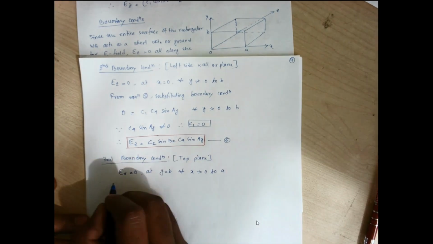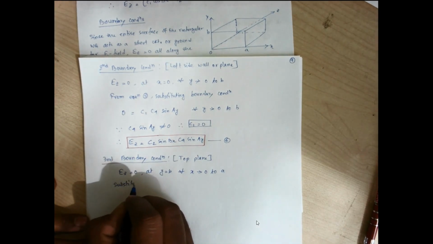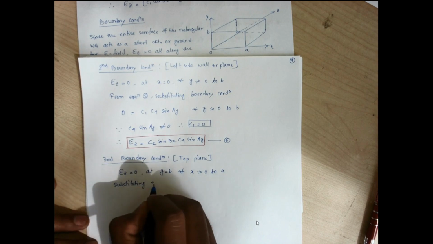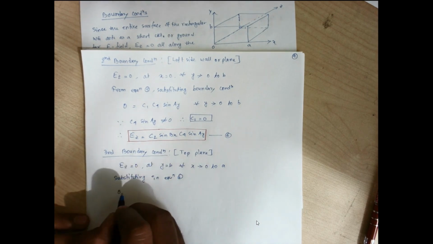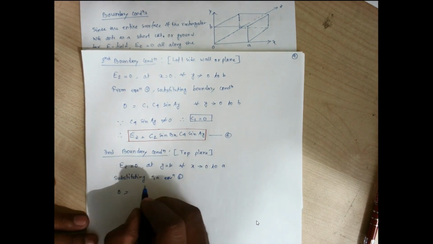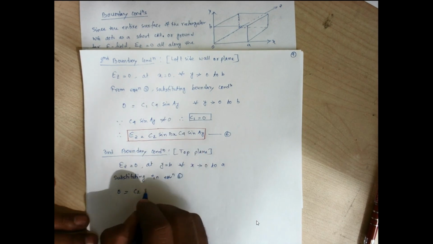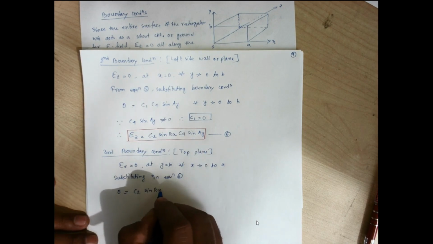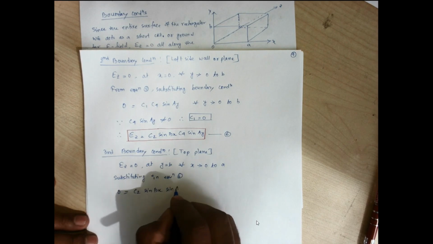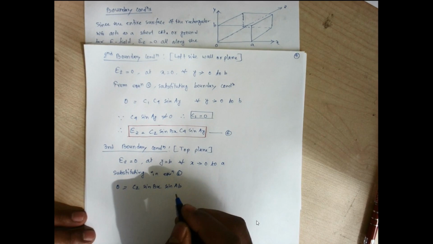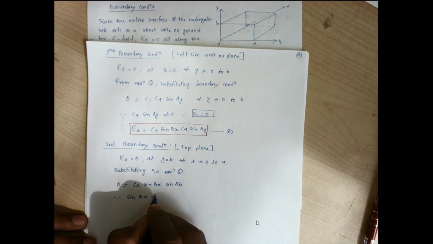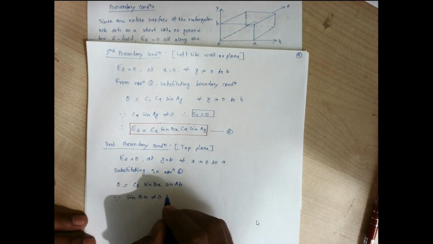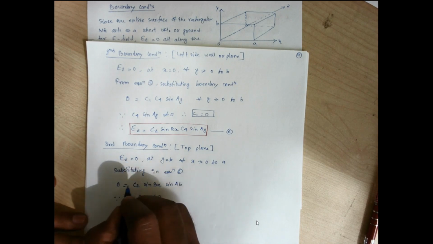So substituting in equation 6, we are having 0 at y equals b. So c2 sin bx c4 sin ab, right? Since sin bx cannot be 0, c4 is there, I just missed that one, c4.